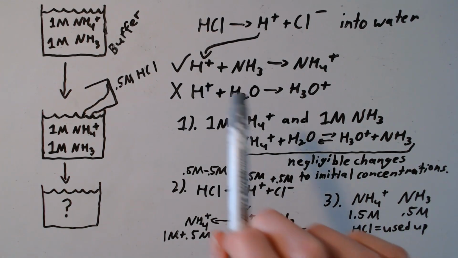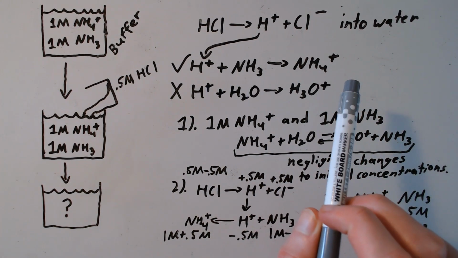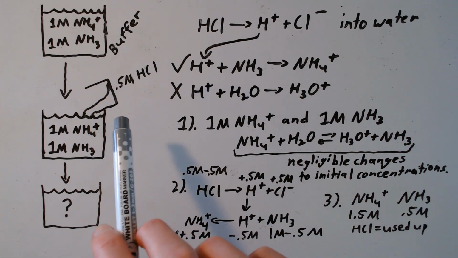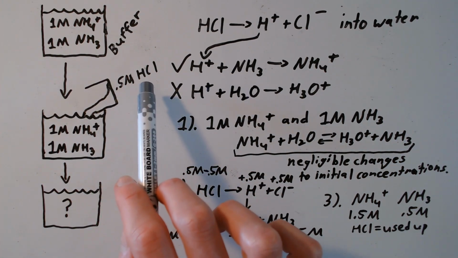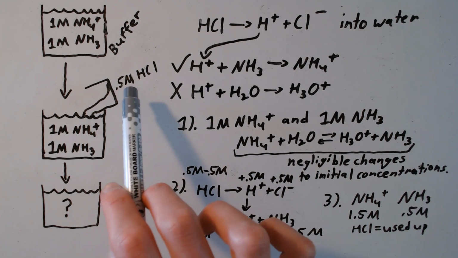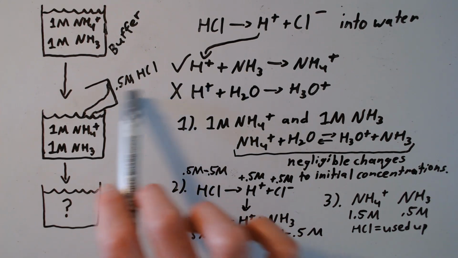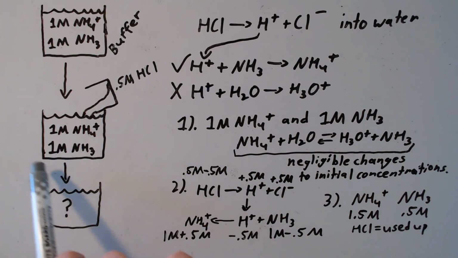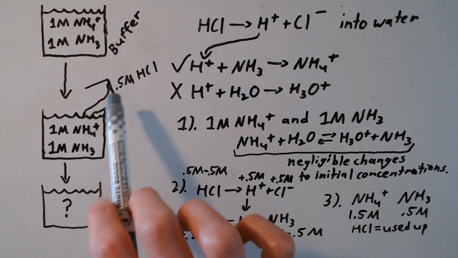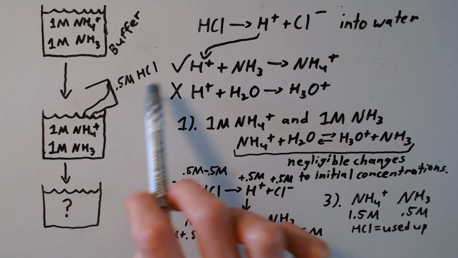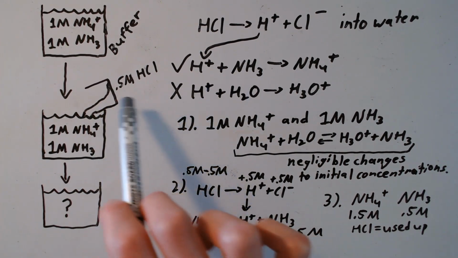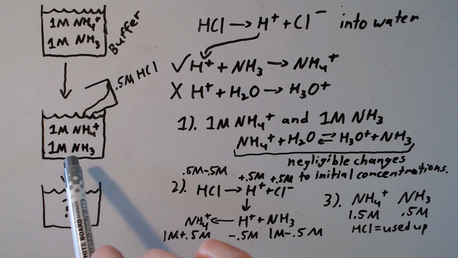I would also like to point out that in this case we only added 0.5 molar HCl, which is a lower concentration than this NH3. Let's say instead we added like 1.5 molar of HCl, a high concentration compared to the NH3.